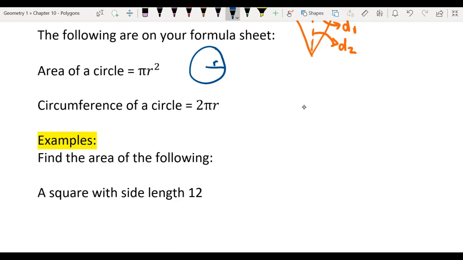Sometimes they're going to give you your diameter. What is your diameter in a circle? Not all the way around, all the way through. And it goes all the way through the center of your circle. So for example, your diameter would be like this. So if they give you your diameter, divided by 2 will give you the radius you need to solve these.